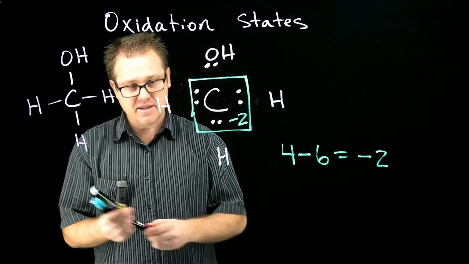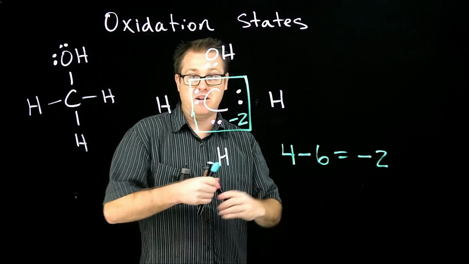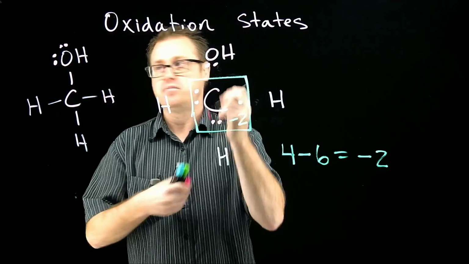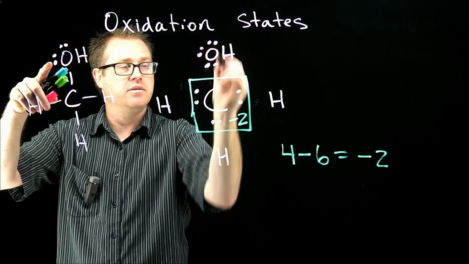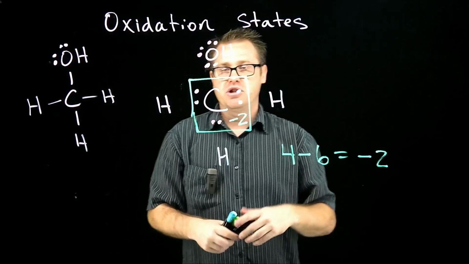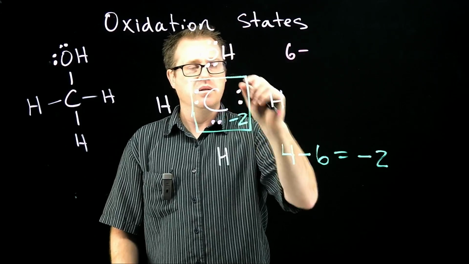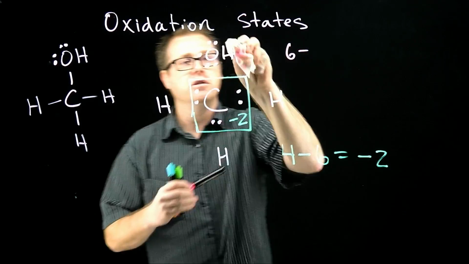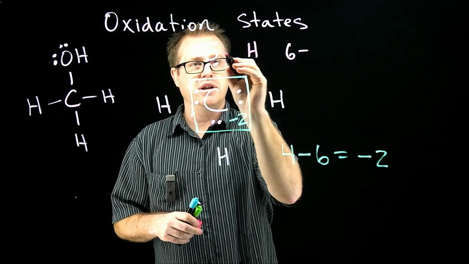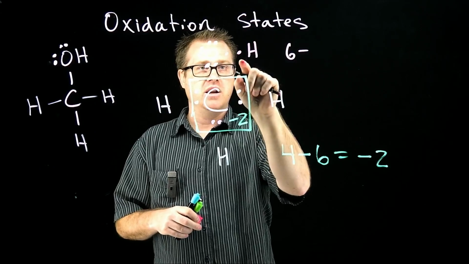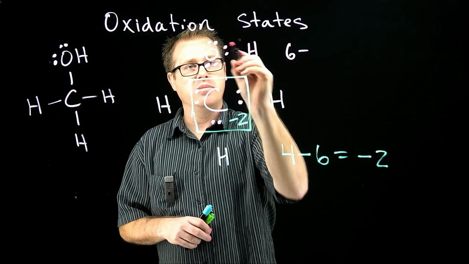If we continue this exercise to figure out the oxidation number for every atom in methanol, what would we do? These lone pairs on the oxygen atom are still there. Let's do the oxidation number for oxygen. Oh, wait, we still have to do this one. The bond between the oxygen and hydrogen: oxygen's more electronegative than hydrogen, so we have to put that pair on the oxygen.